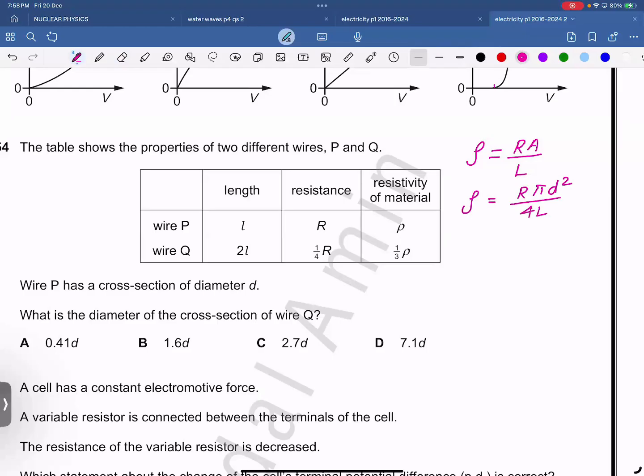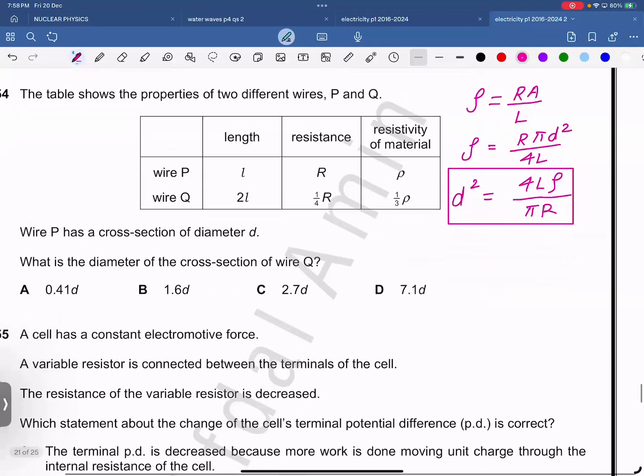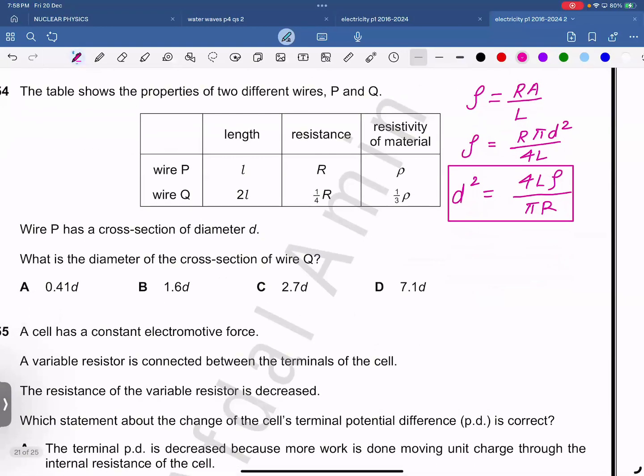I'm just making the D square the subject: 4 L rho over pi R. Okay. Now go for the other one. The other one will be d dash square. Yes or no? Put the values.